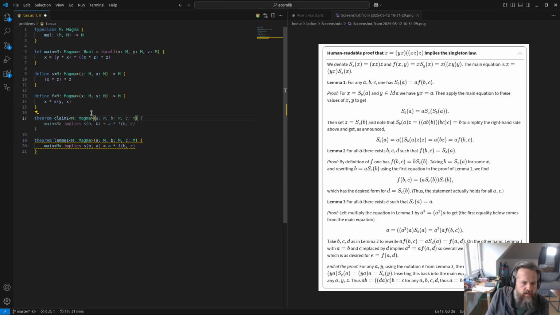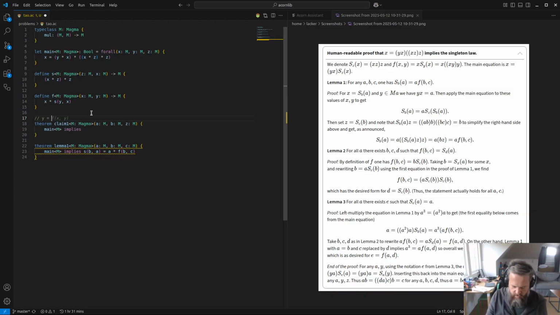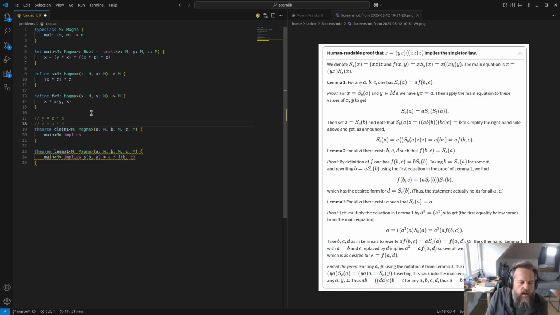So we have, let's see, for all a, b, and then z, the actual statement is y x equals a. So let's see. So y equals za here. Hold on. y equals za and x equals sba.